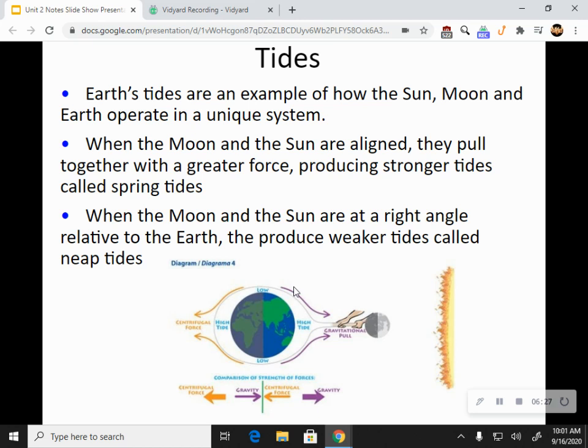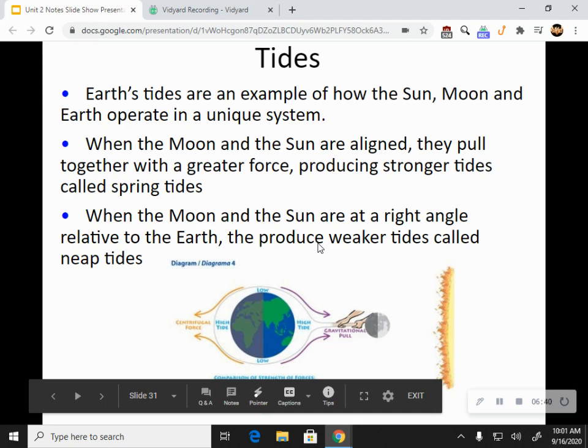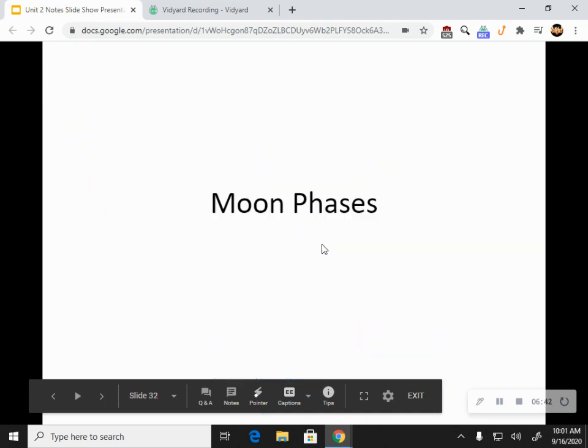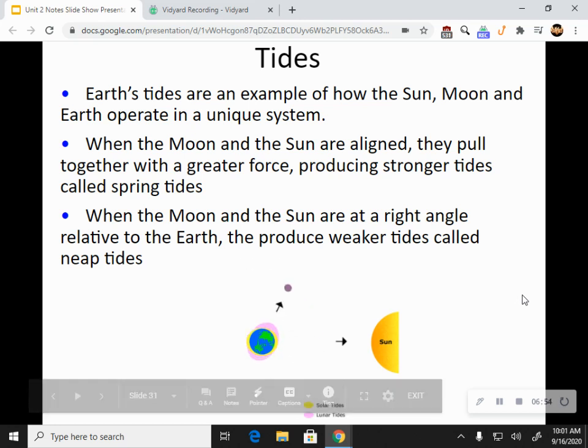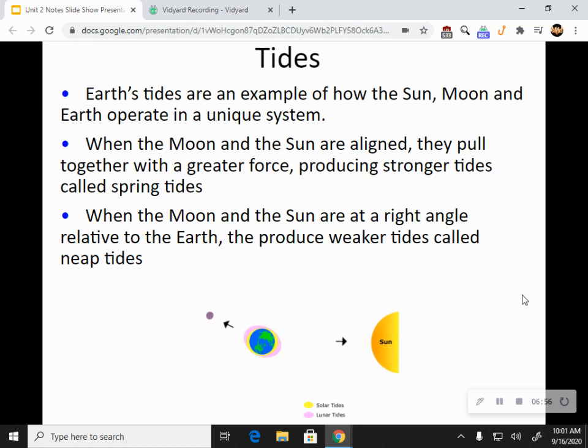Spring tides are higher because they're playing tug of war, and neap tides are when their tug of war is weaker because of their gravitational force. So neap tides are at your quarters, and full and new moons are your spring tides. Spring tide, neap tide, spring tide, neap tide.